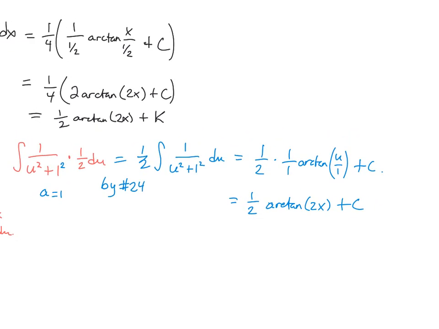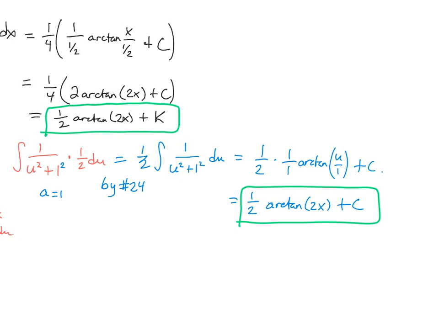Yeah, would you look at that? So I have 1/2 arctan 2x plus k here, 1/2 arctan 2x plus c here, just the name of the constant was different. So anyway, that's a basic demonstration of how to use the table. In the next video, I'm going to show you how to use the table on a more challenging problem. That's it for now.